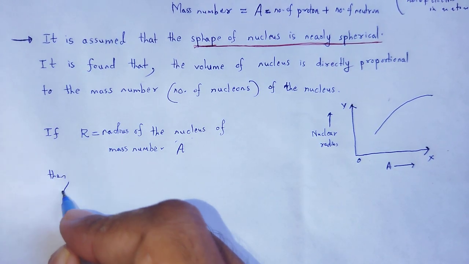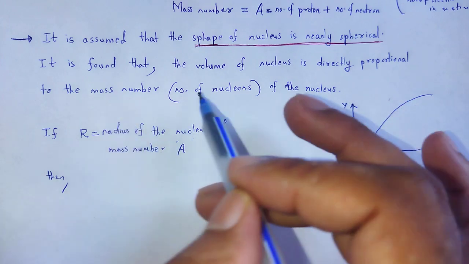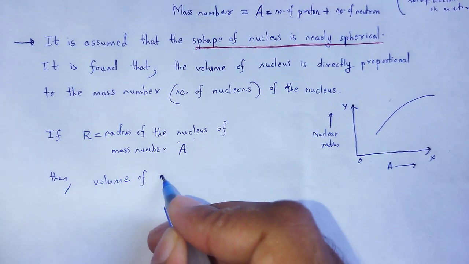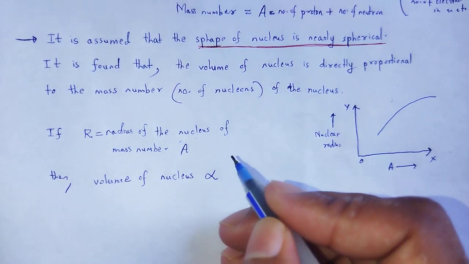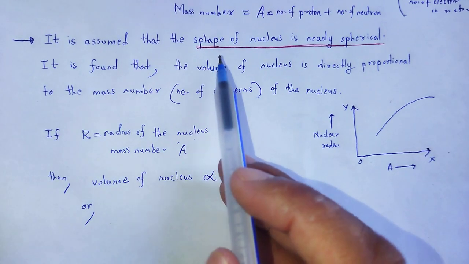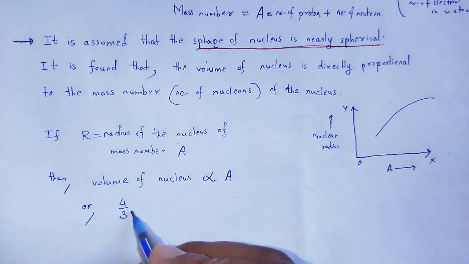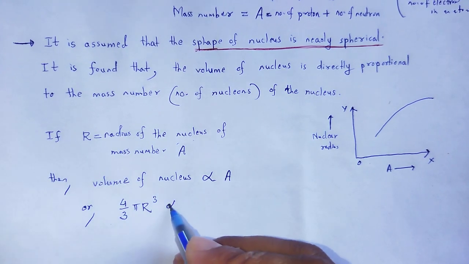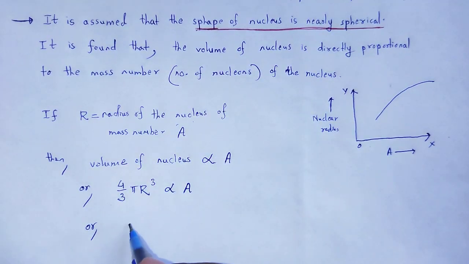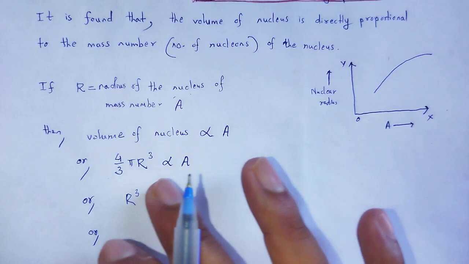Then, as we found, the volume of the nucleus is directly proportional to the mass number A. Here the shape of the nucleus is nearly spherical and it has radius r, so its volume is 4/3 pi r cubed, which is directly proportional to A. Since 4/3 pi is a constant, r cubed is directly proportional to A. Now we use a constant term.